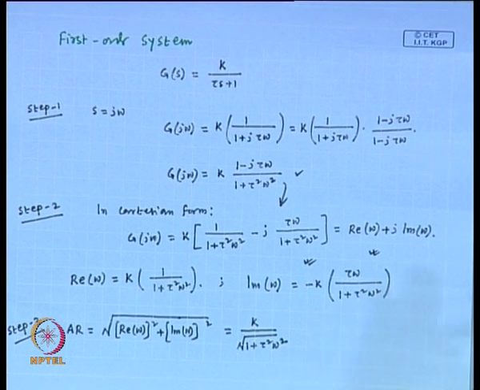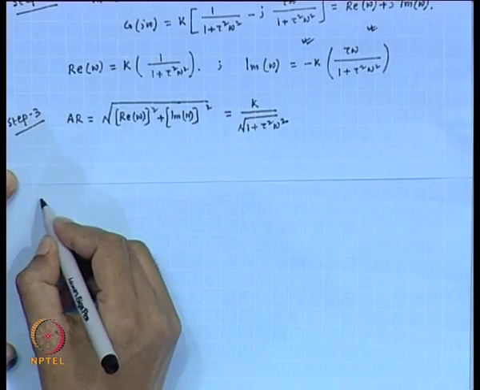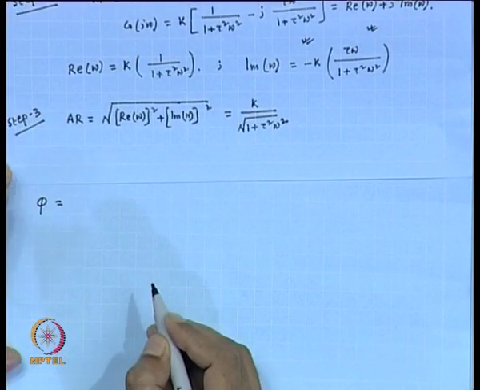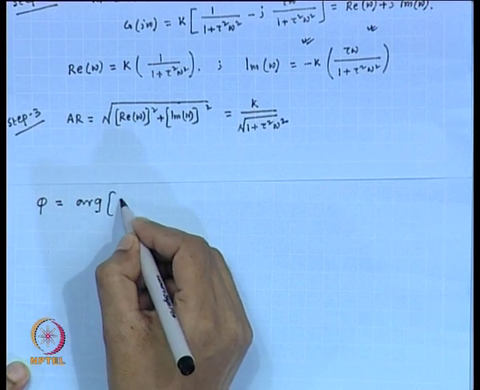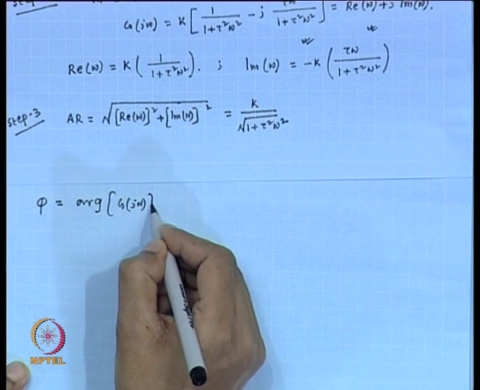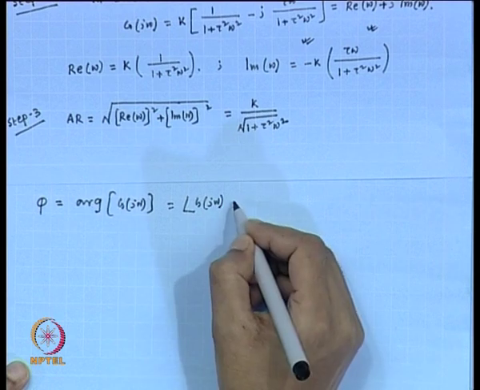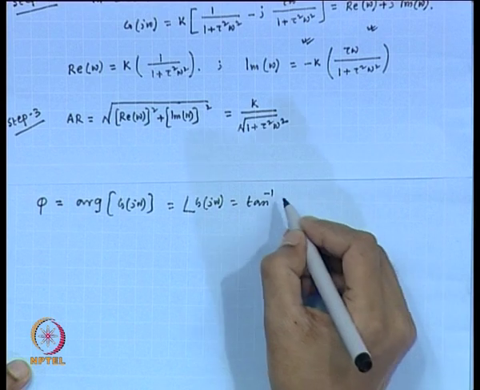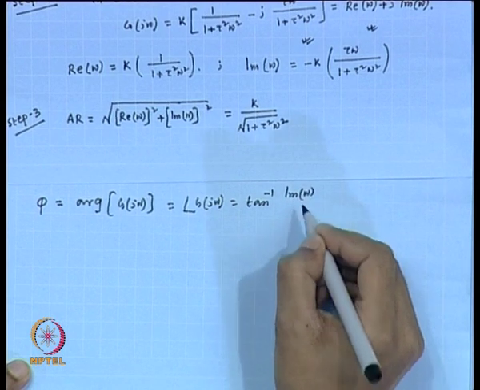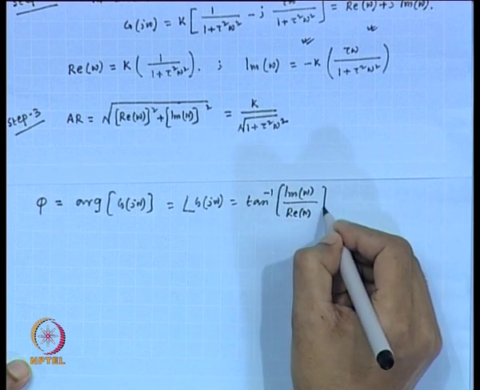Similarly, we can determine the phase angle phi, which is the argument, and phi equals tan inverse of imaginary part divided by real part.